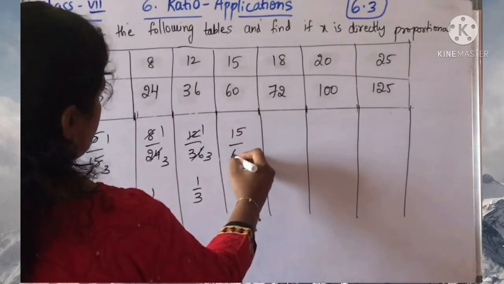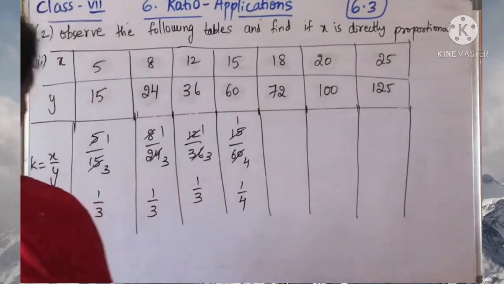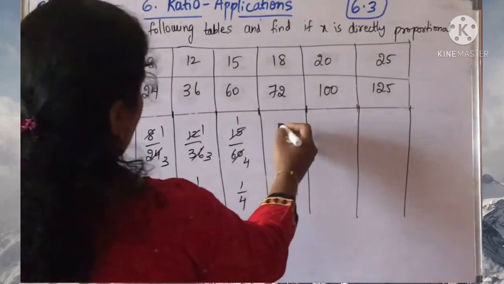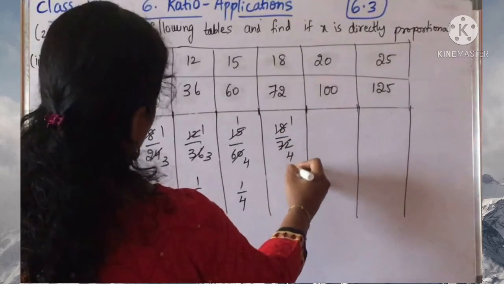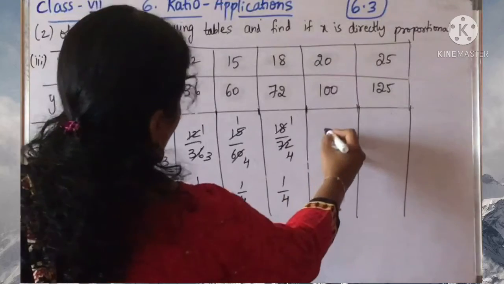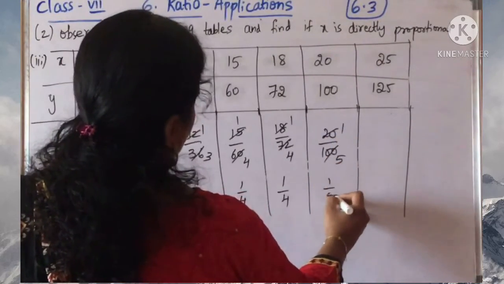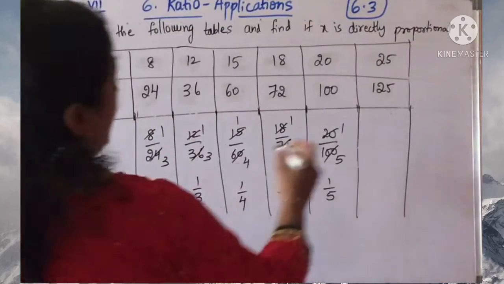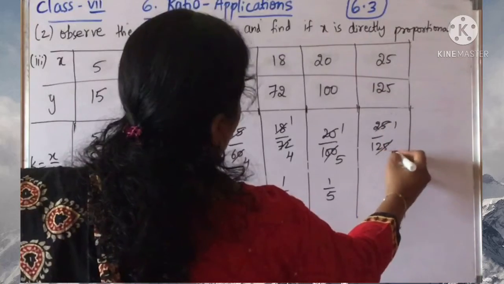Now 15 by 60. 15 1s are 15, 15 4s are 60, so 1 by 4. Here the value is changing. So 18 by 72. 18 1s are 18, 18 4s are 72, so 1 by 4. Now 20 by 100. 20 1s are 20, 20 5s are 100. Again the value is changing from here. Next 25 by 125. 25 1s are 25, 25 5s are 125.